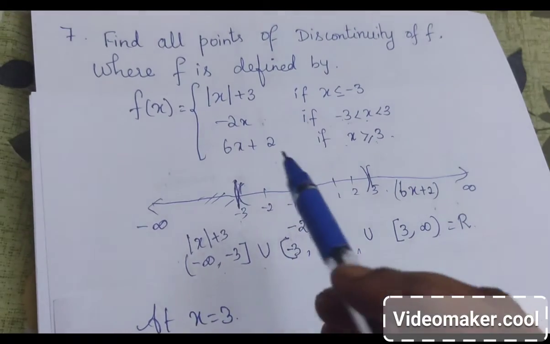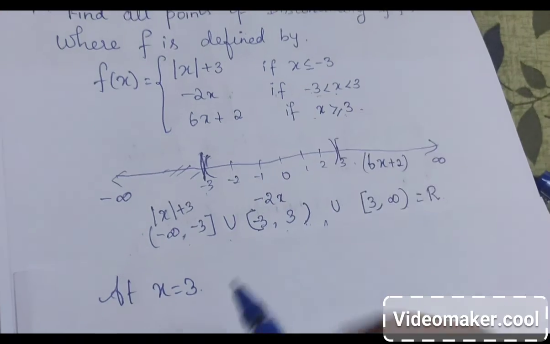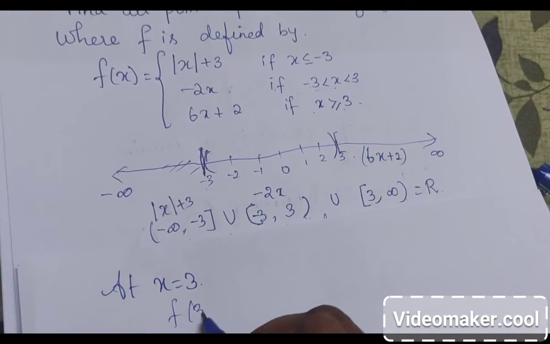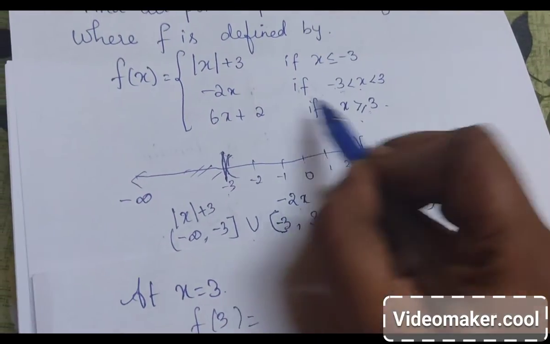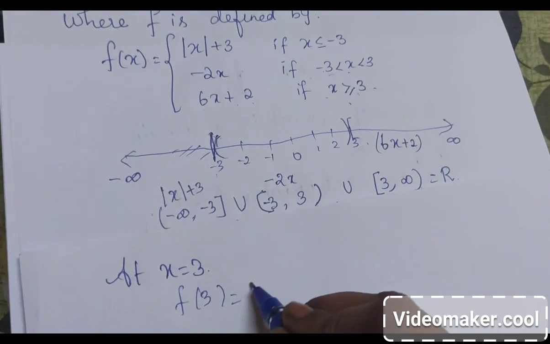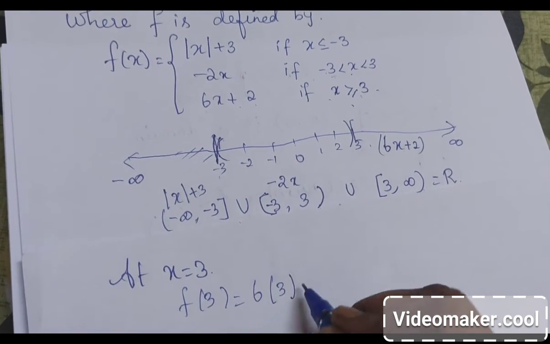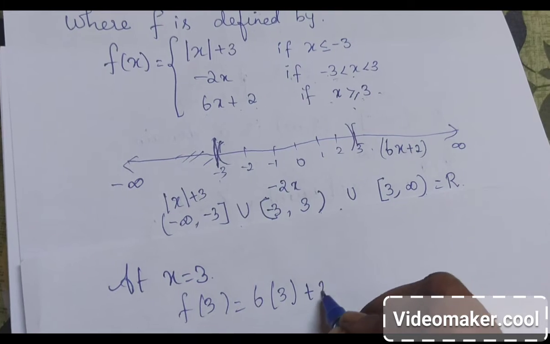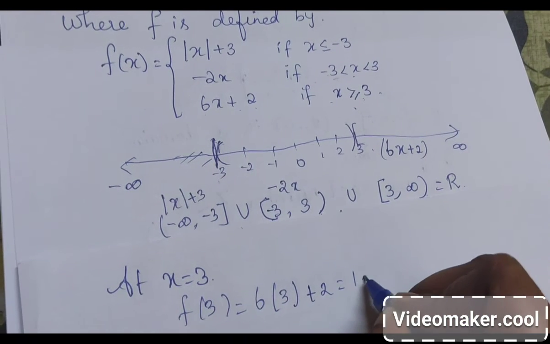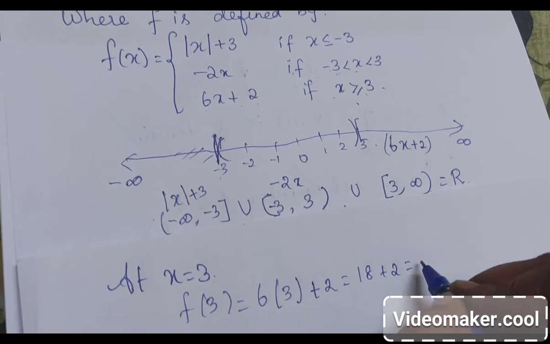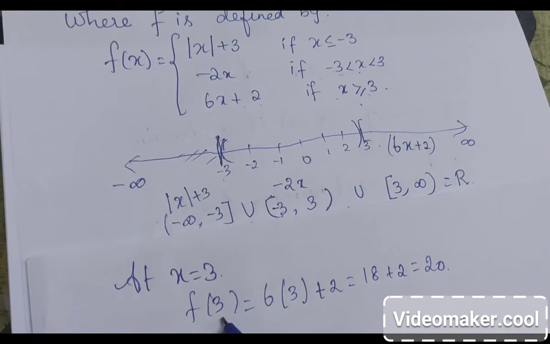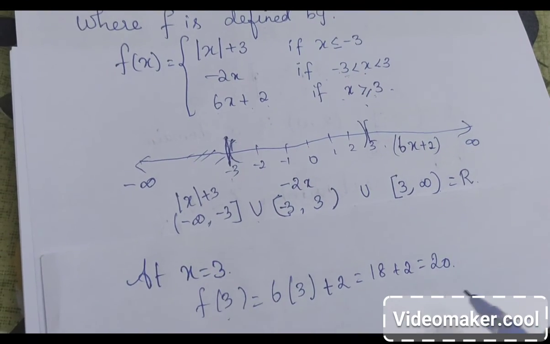Now we'll see at x equal to +3. At x equal to 3, the function has been defined as 6x plus 2. So 6 into 3 plus 2, which is 18 plus 2, that is 20. So the functional value at 3 is 20.